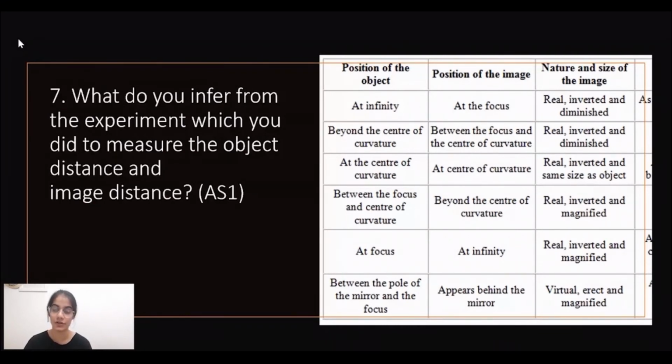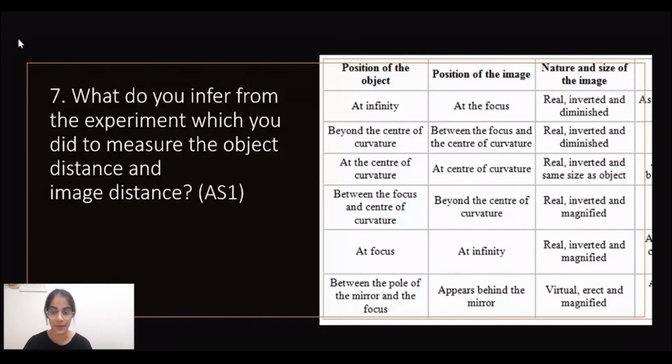If the object is at the center of curvature, the image is at the center of curvature, real, inverted, and the same size as that of the object. If the object is between the focus and center of curvature, the image is beyond the center of curvature, real, inverted, and this time magnified. If you place the object exactly at the focus, the image that would form at the screen would be so magnified that it wouldn't be able to be seen properly.